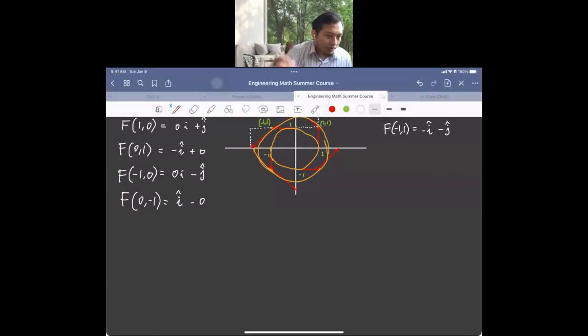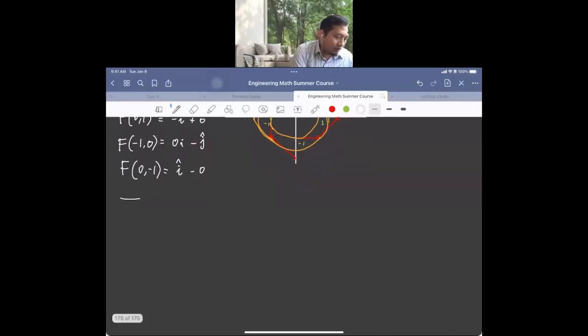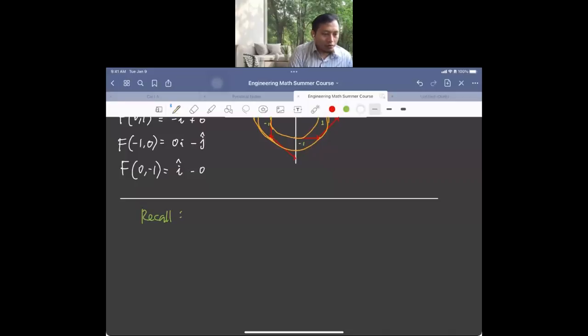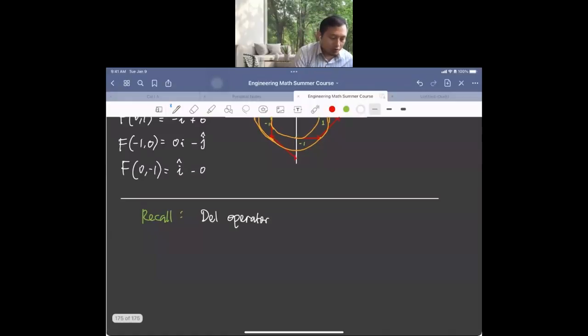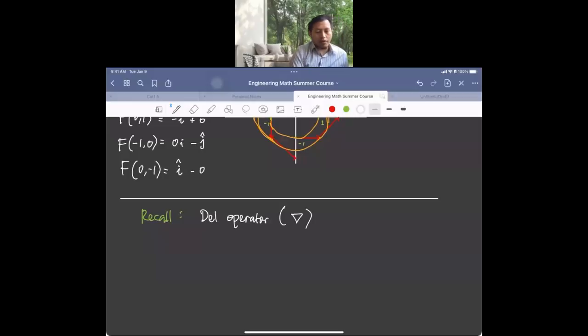Okay, and then we also recall. Let me write recall. We have the del operator in our partial derivatives. Let me just write what the del operator is. We usually write the del as this upside-down triangle.